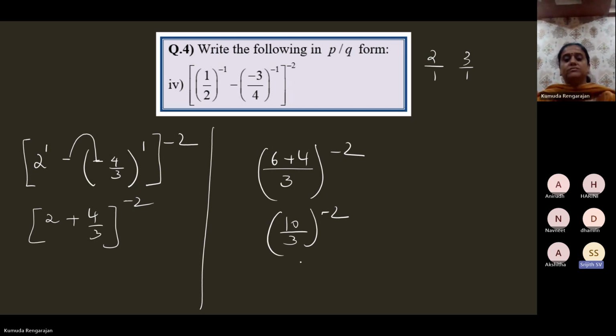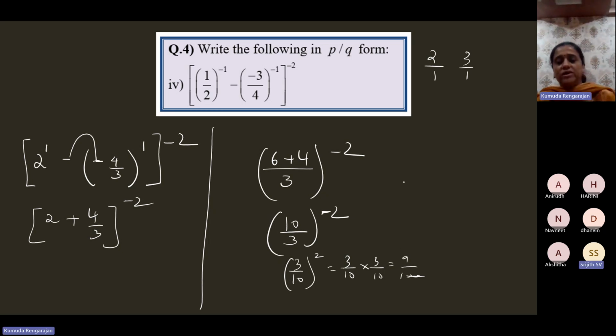Ma'am, 10 into 10 by 3 into 3, ma'am. No, the power is minus 2. Then 3 by 10 whole power 2, ma'am. So it is 3 by 10 into 3 by 10, which is 9 by 100. Yes, ma'am. Very good.